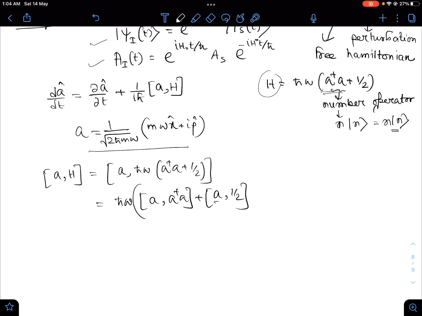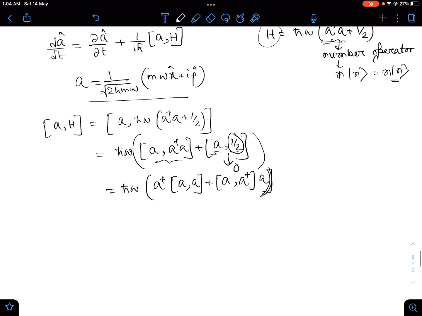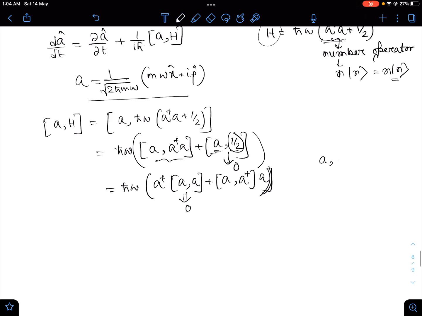The commutation of any operator with a constant value should be 0, because a constant always commutes. So we are getting 0, and from this one we are getting A dagger AA plus A dagger A. Now this is also 0, because it is the commutation relation of A with A. And we know that A, A dagger is, sorry, 1.